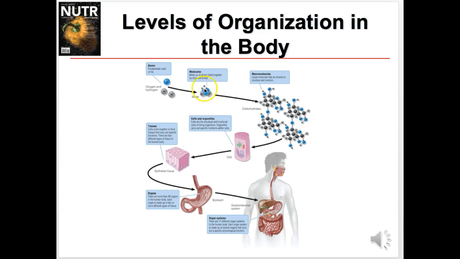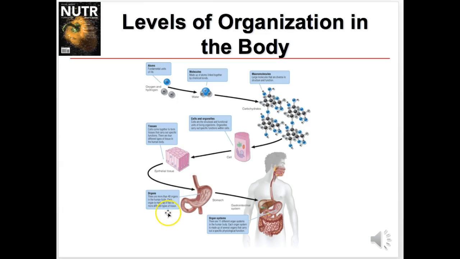Molecules are made up of atoms, which are linked together by chemical bonds. Then as your body digests, it's large molecules that are diverse in structure and function. Then cells come together to form tissues that carry out specific functions.